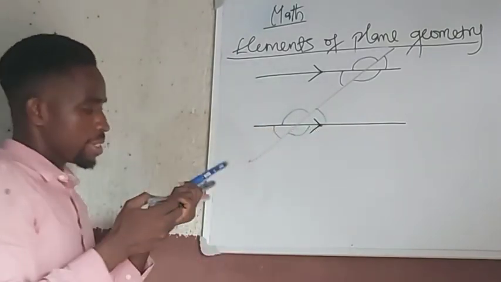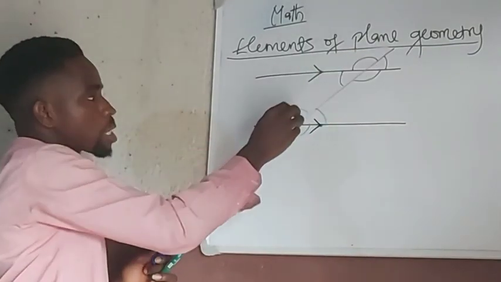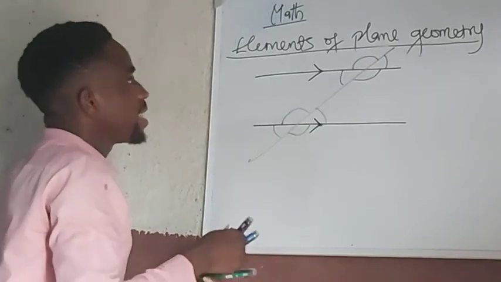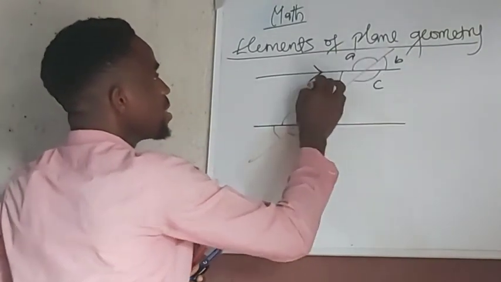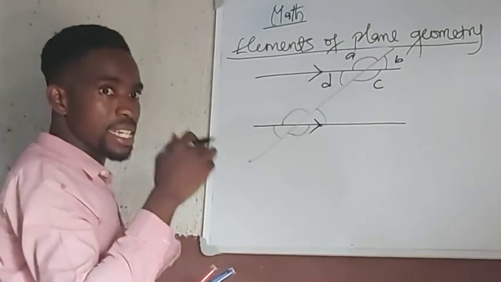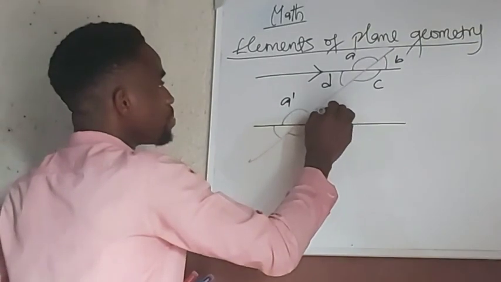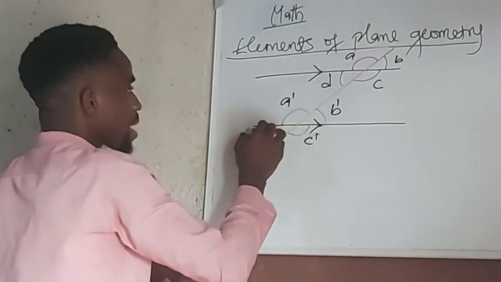Now you can see that some of the angles formed here correspond to the angles that are formed here. So if I call this angle A, and this is B, this is C, this is D, for instance, I can call this A prime, B prime, C prime, and then D prime.